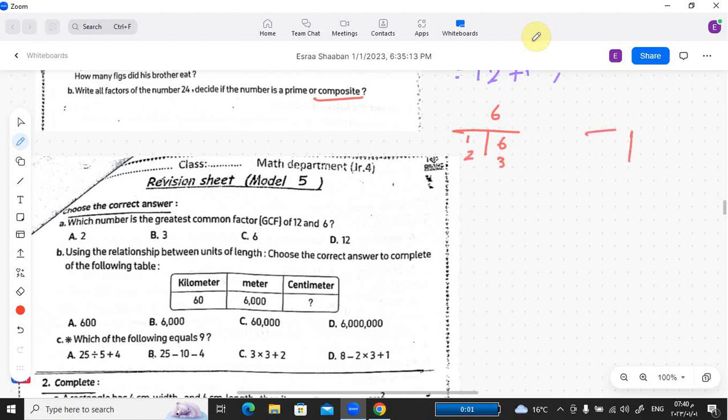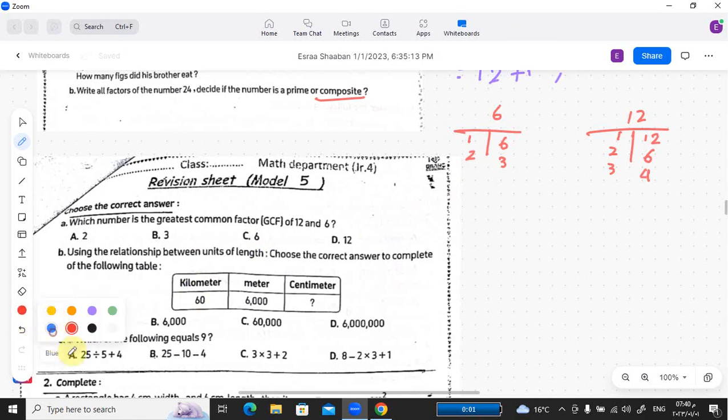And 12: 1 times 12, 2 times 6, and 3 times 4. The common factors between 6 and 12 are 1, 6, 2, and 3. But which is the greatest? The greatest is 6.